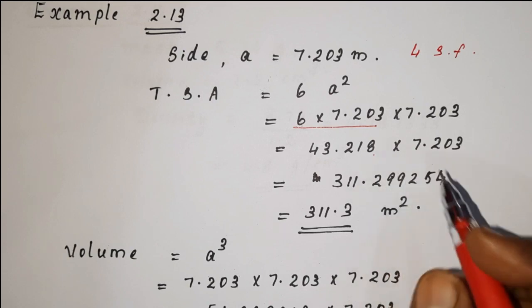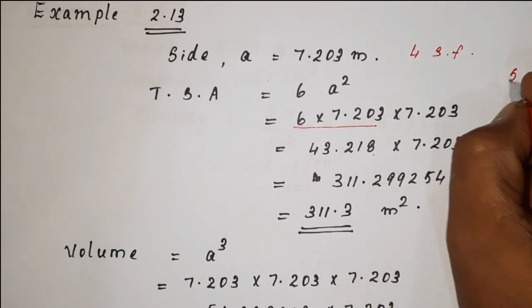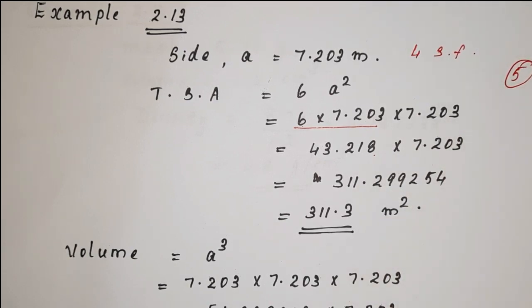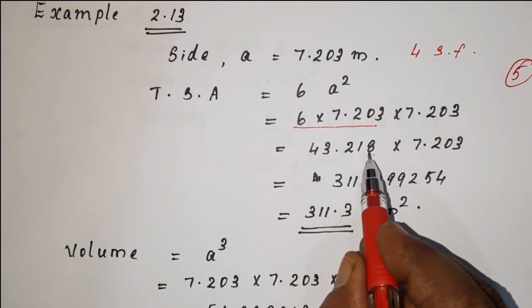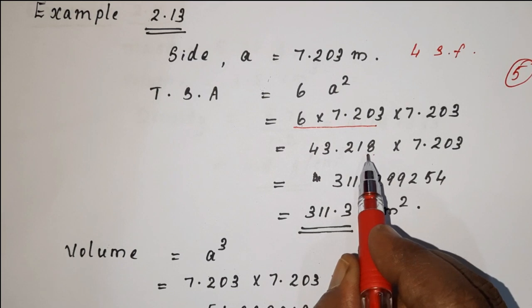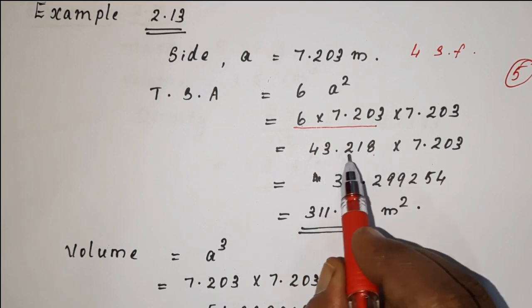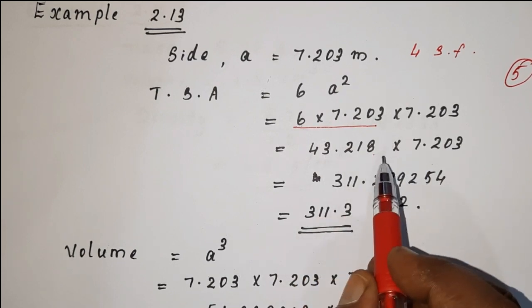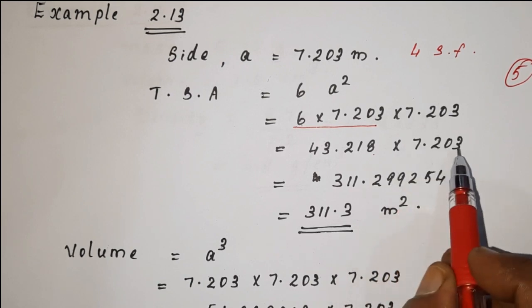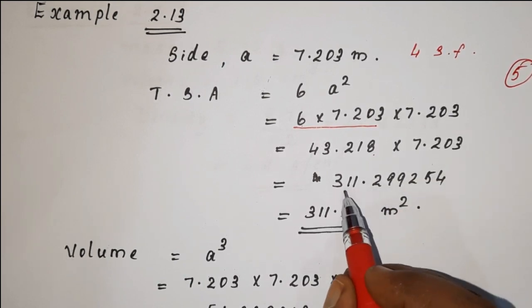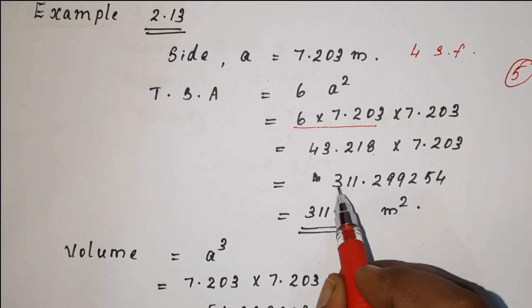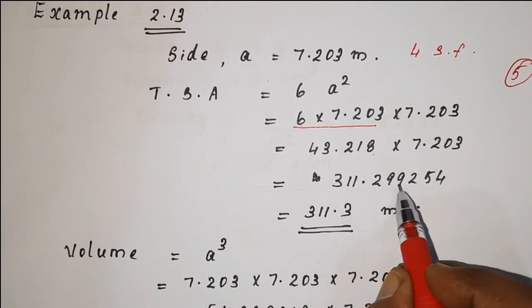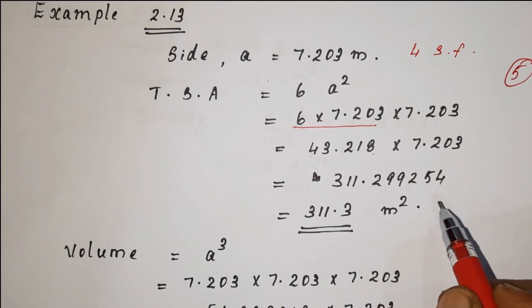So in the intermediate step, you have to retain 5 significant figures. Here we already got 5 significant figures, so nothing to do with rounding because we have only 5. So retain that 5 into 7.203. When we do the calculation, we will get 311.299254.